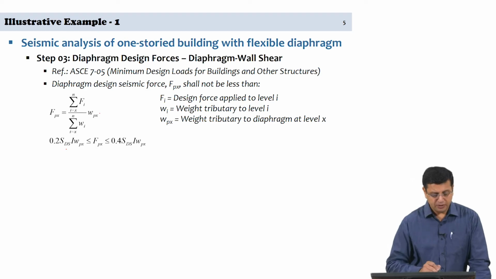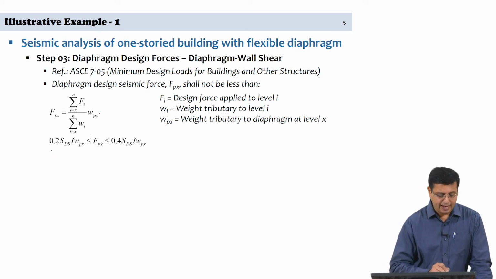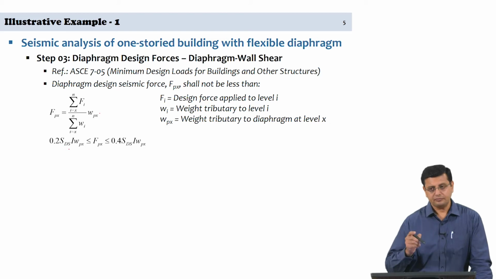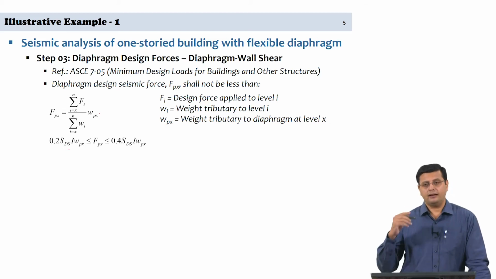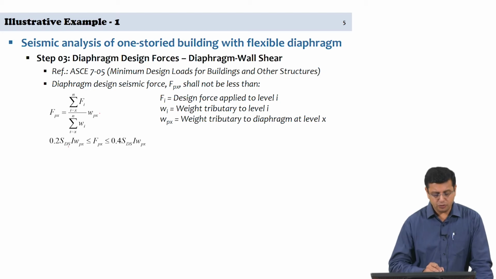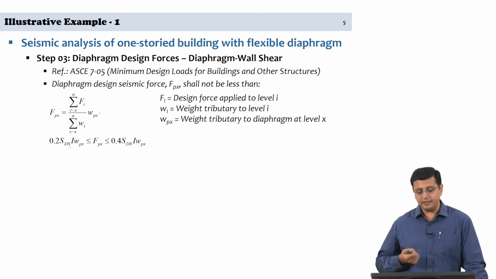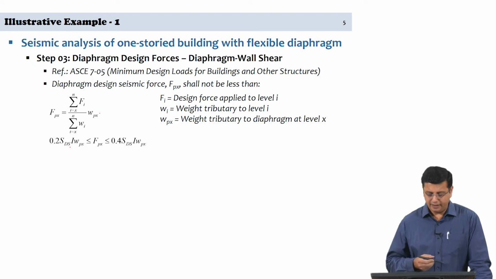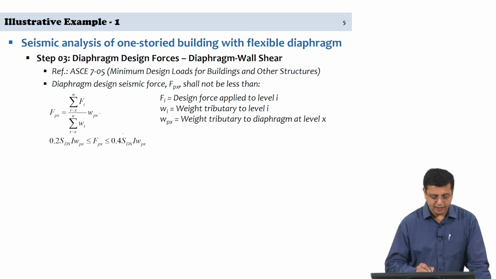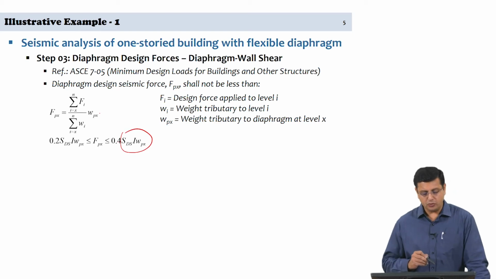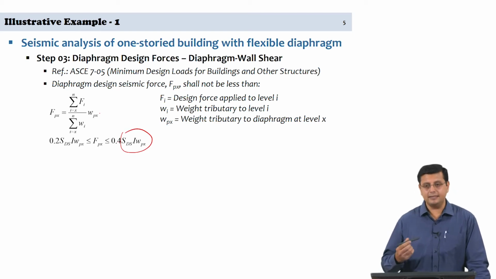Here the lower bound is prescribed by ASCE as 20% of the spectral acceleration level corresponding to the short period structures, SDS, into the importance factor I into Wpx, which is again the tributary weight at the level x of the diaphragm that you are making calculations for. That is the lower bound, and the upper bound is 40% of the same estimate, SDS into I into Wpx. So, as I said, SDS is the spectral acceleration corresponding to a short period structure.